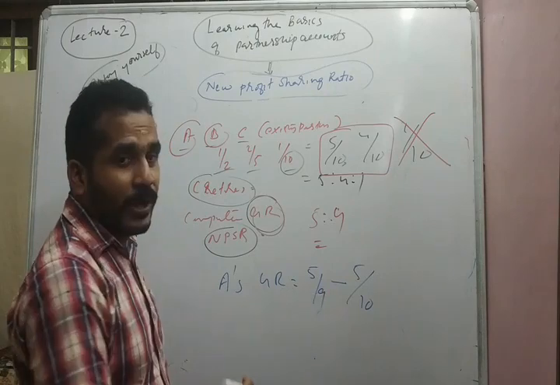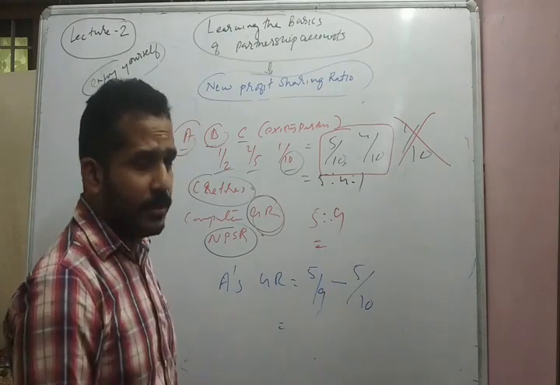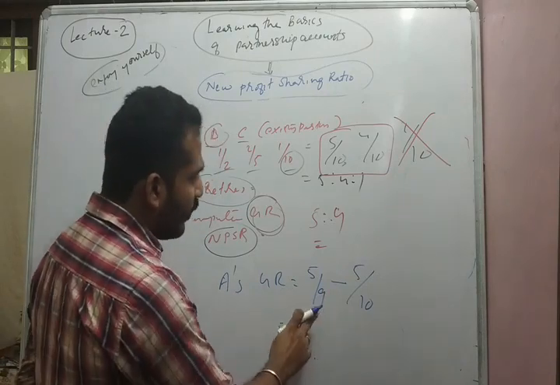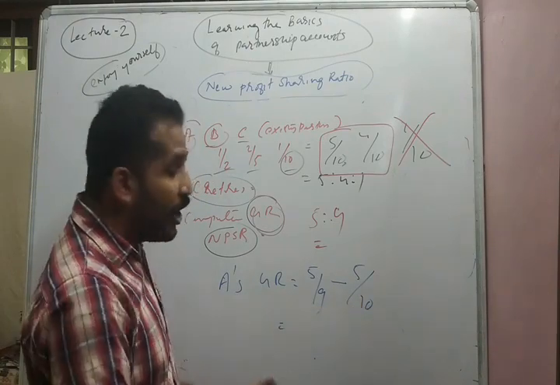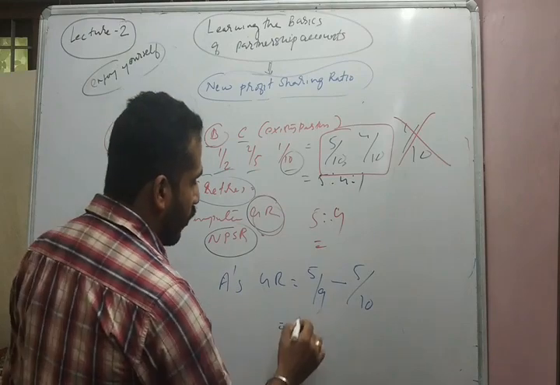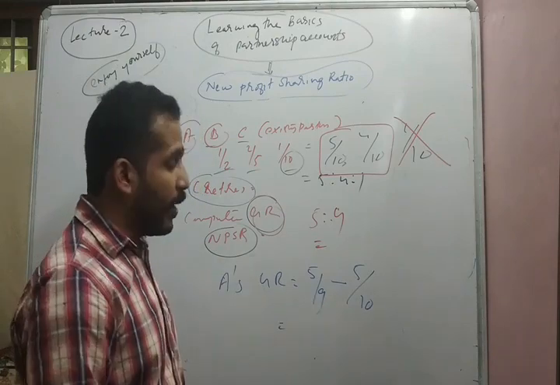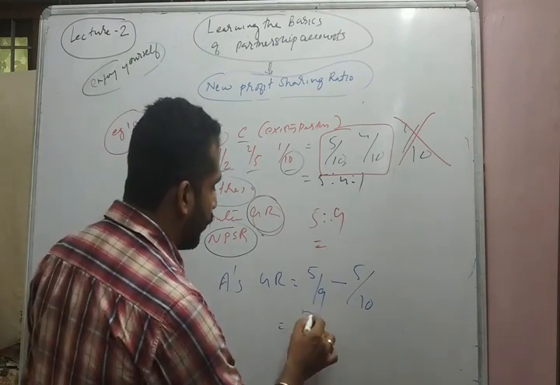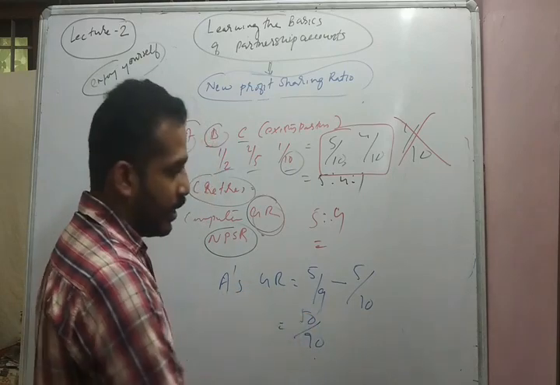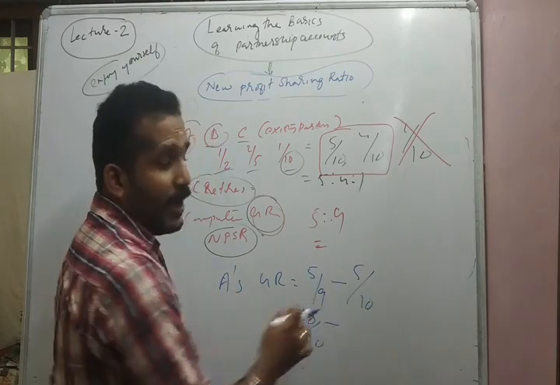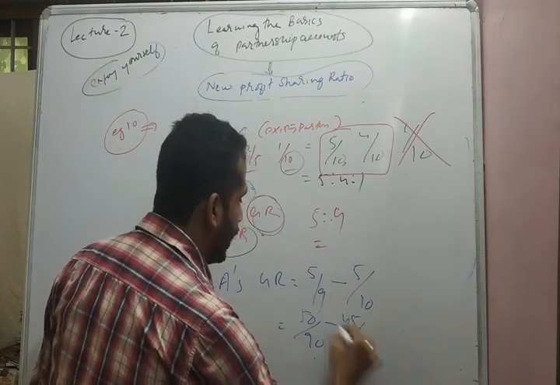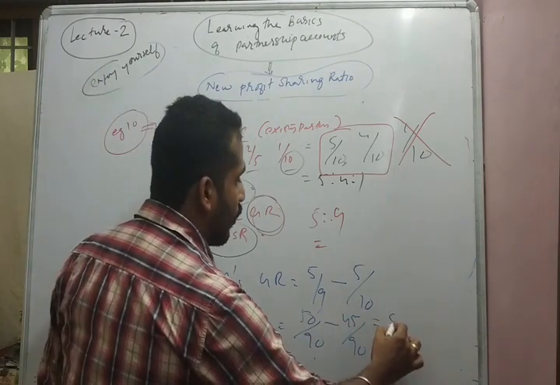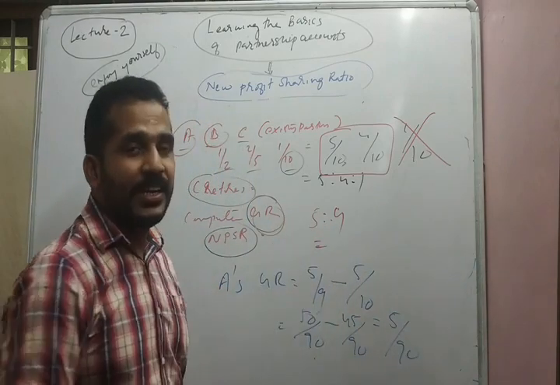So how can we calculate this? There are different methods. We can multiply 10 with 9 to equalize the denominator. So 5 by 9 multiplied by 10 gives 50 by 90, minus 5 by 10 multiplied by 9 gives 45 by 90. Then we will get 5 by 90.